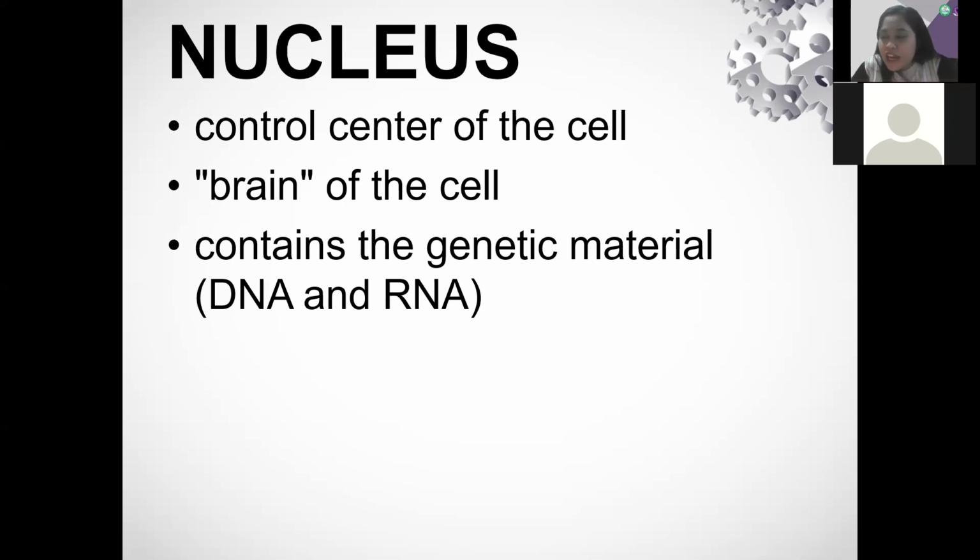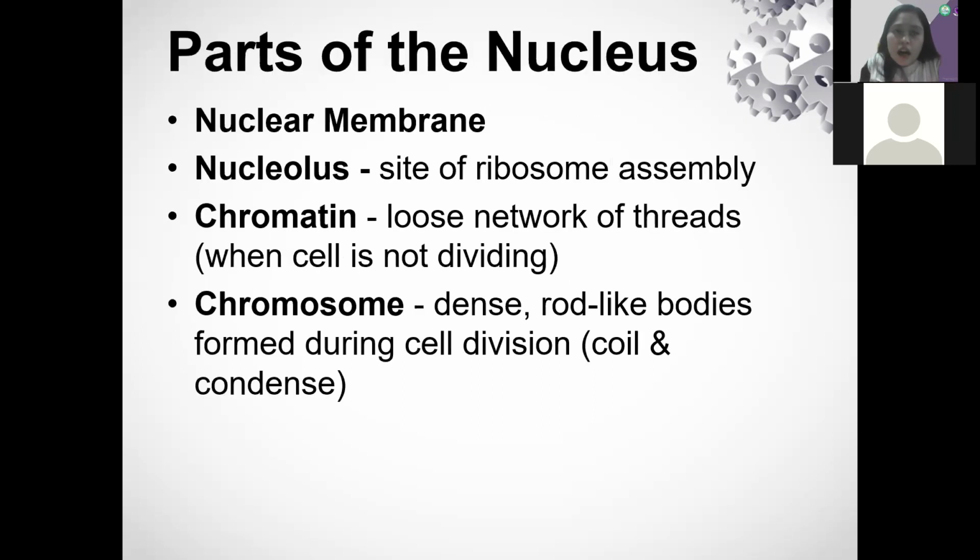So yan yung talagang function ng nucleus, control center or brain ng ating cell. And the nucleus contains our genetic material, both DNA and RNA. Now, what are the parts of the nucleus? If the cytoplasm has parts, the nucleus also has parts.